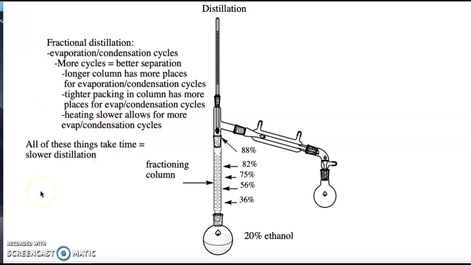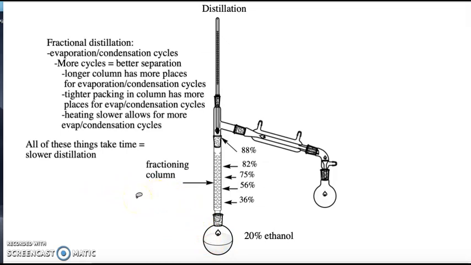The thing to keep in mind is that every time we do an evaporation condensation cycle, that takes time. What that equals is a slower distillation. It takes longer. So a lot of times you need to consider that. If you have two liquids that are very far away from one another in boiling point, that have a boiling point difference of more than 80 degrees, you don't need a lot of evaporation condensation cycles to separate them.